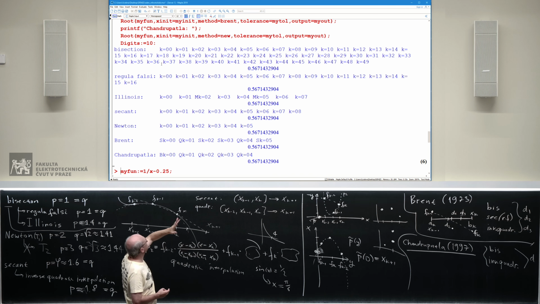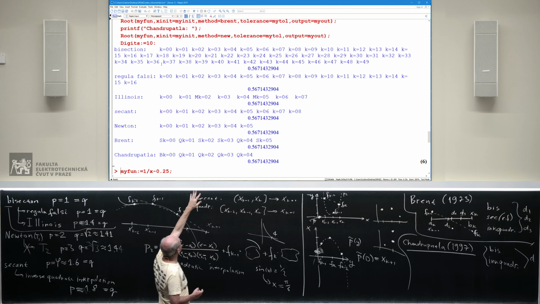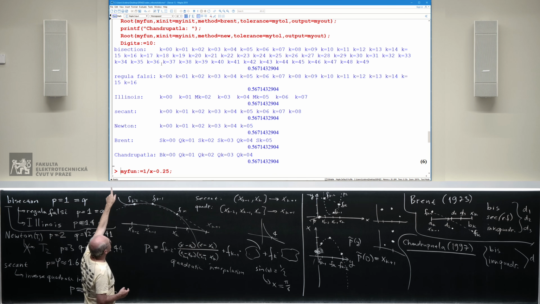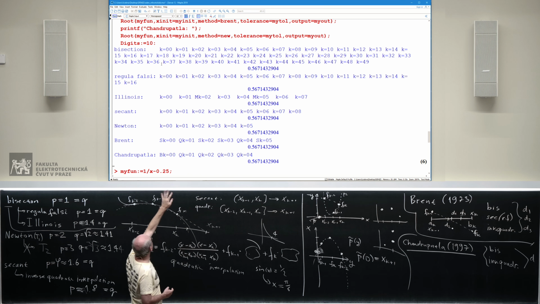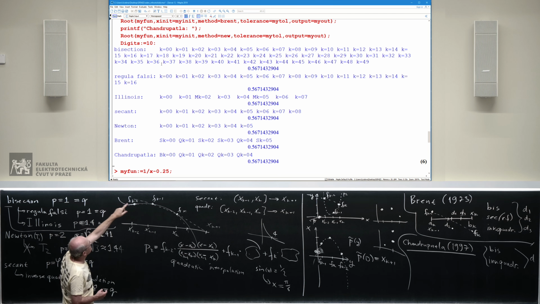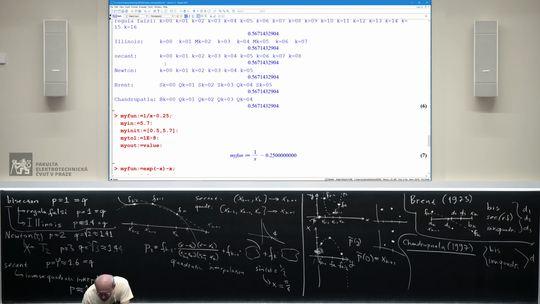One extra iteration, but still okay. Newton method, theoretically better than secant, but practically 10 iterations is worse. Brent, this time, has the same number of iterations as Newton formally, and again it is mixing up the secant method and inverse quadratic. Chandrupatla, the king. Okay, so far Chandrupatla is really the best.